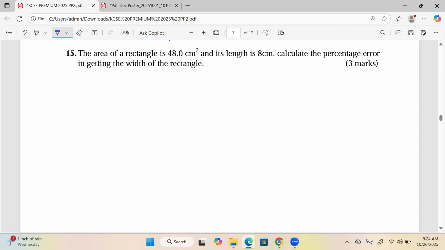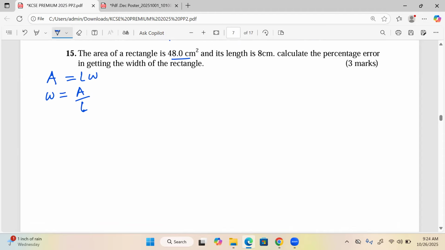One thing that you're supposed to know is that area is given by length times width, meaning that width shall be given by area out of length. Yeah, we just change the subject now to width. Therefore, we're supposed to know this, that area has been recorded to its accuracy of 1 dp.